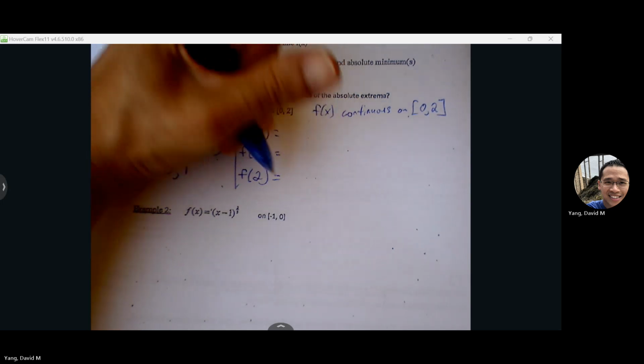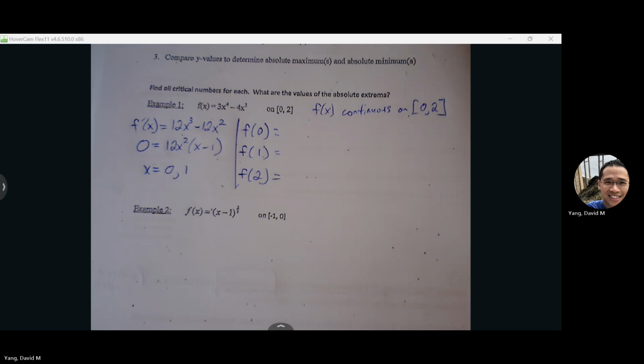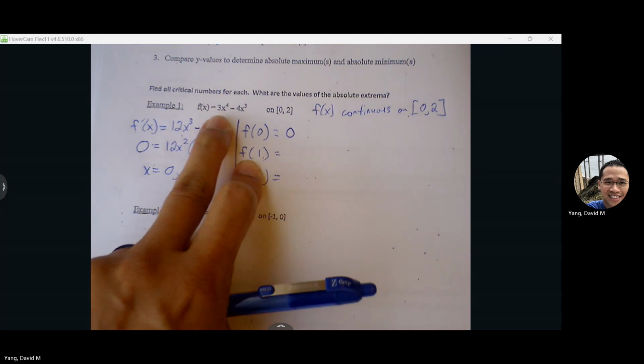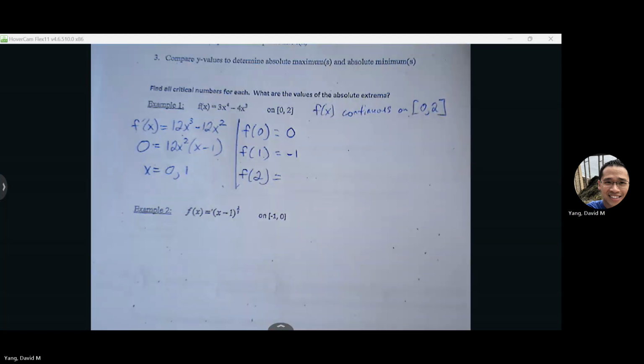So then they all get inserted into the original function. F of 0 equals 0. F of 1 is -1. f of 2 is 16.